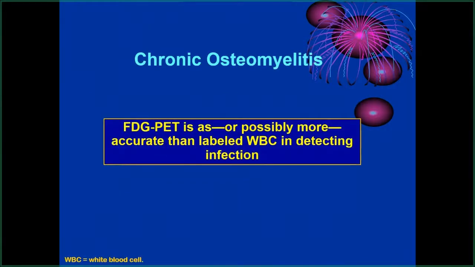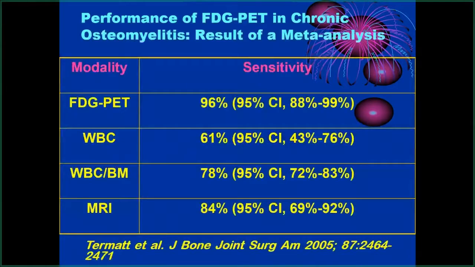Since then, of course, we have used FDG-PET to look at osteomyelitis and compare the results with white blood cell imaging that is routinely done in nuclear medicine these days. It has become quite clear that FDG-PET is significantly better than white blood cells alone, white blood cells along with bone marrow imaging, as well as structural imaging such as MRI.